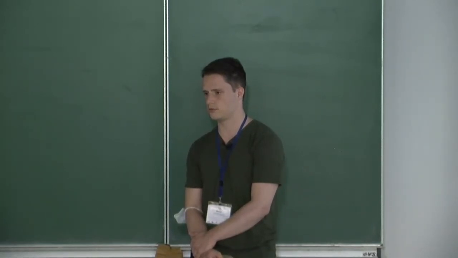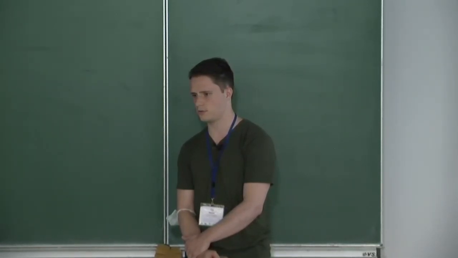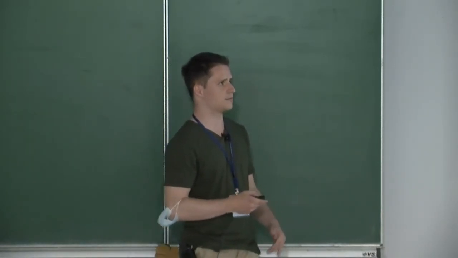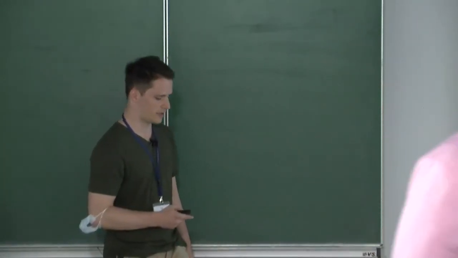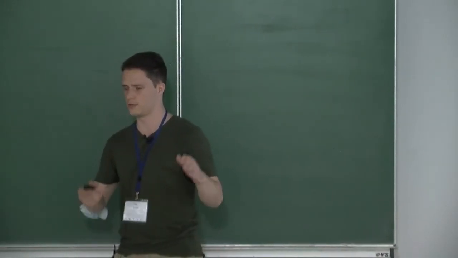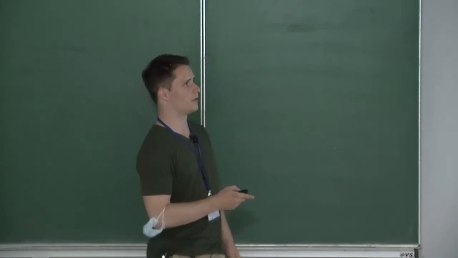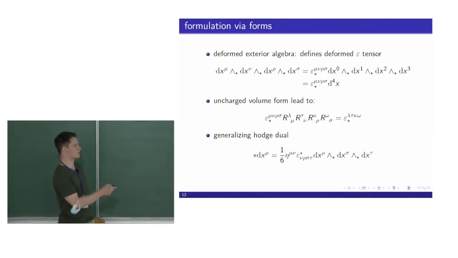Thanks for the nice talk. I was just a bit confused. This epsilon star tensor, should I think of this as just a tensor of numbers? It's basically just collecting some numbers depending on the deformation parameter, like e to the i lambda, e to the minus i lambda, or ones or minus ones, depending on these objects here.